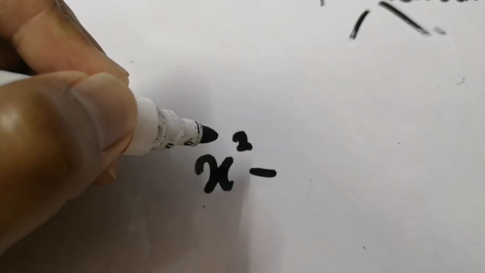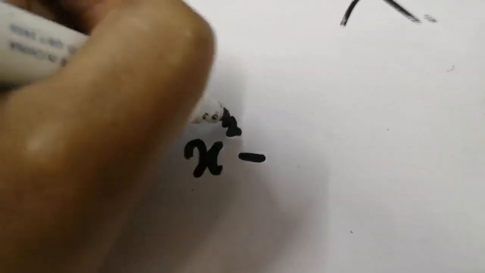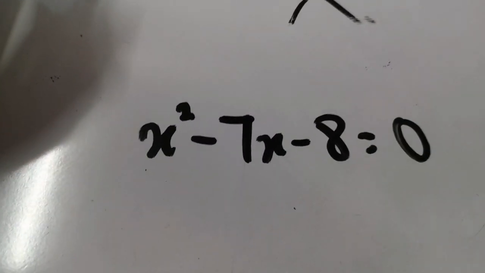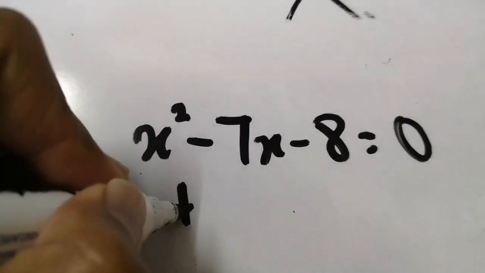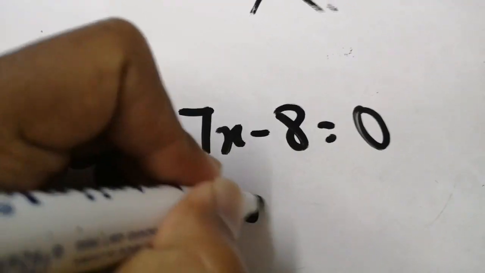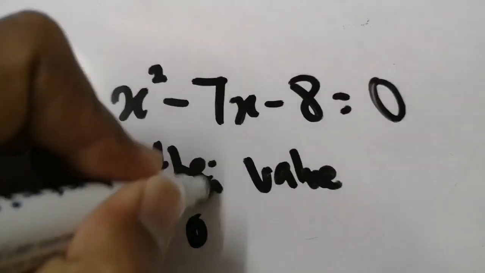So we move to the next example. Let's say we have the quadratic equation x squared minus 7x minus 8 equals 0. How are we going to find the value of x?